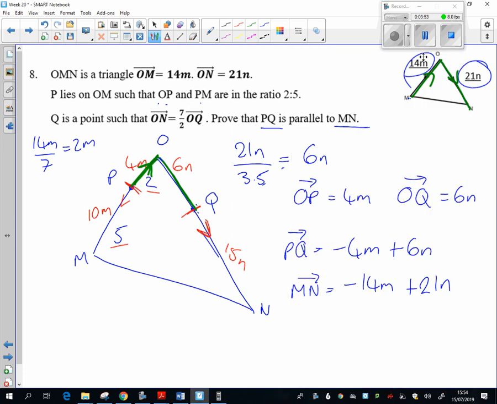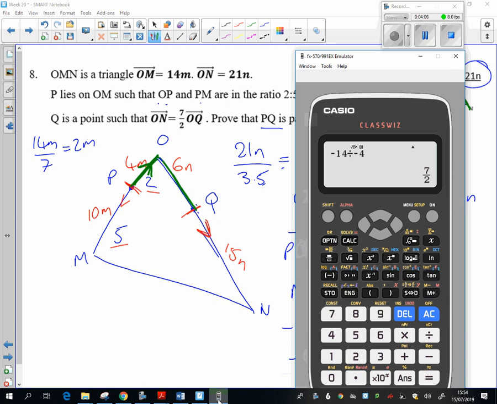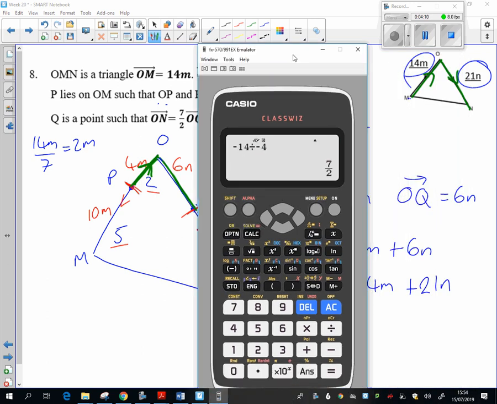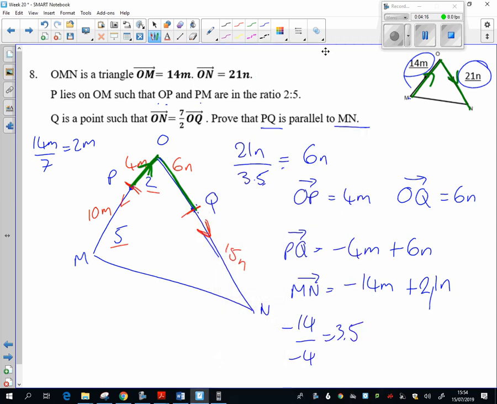So let's start writing that out. So minus 14 over minus 4 is 3.5. So as long as it's the same scale factor or same ratio between the N components, so 21 divided by 6 is also 3.5, so they are parallel.